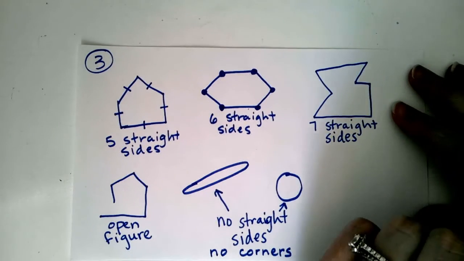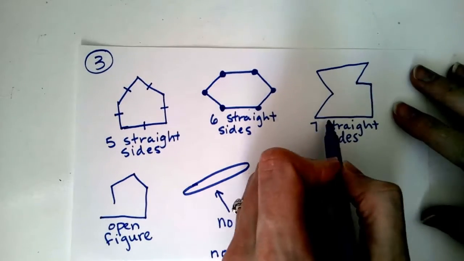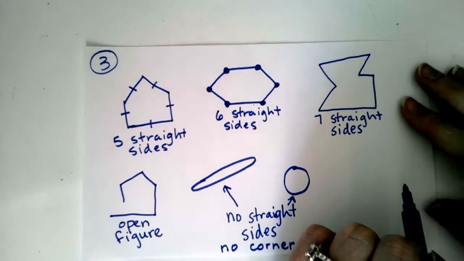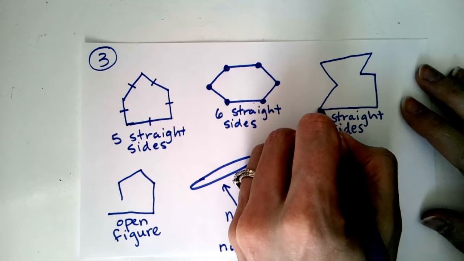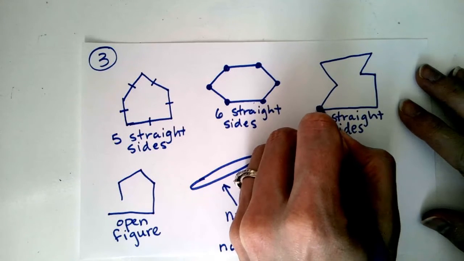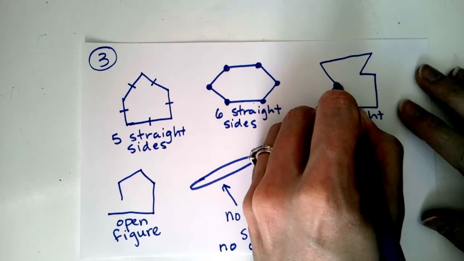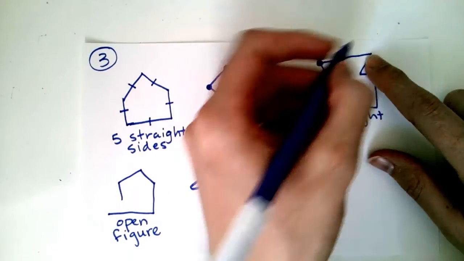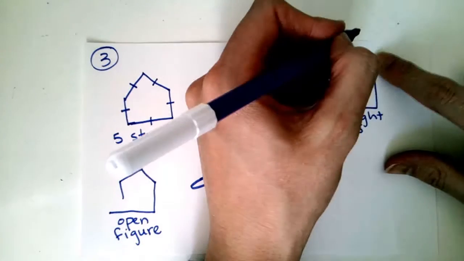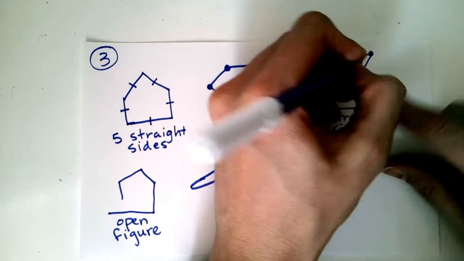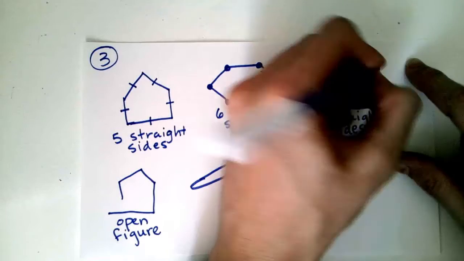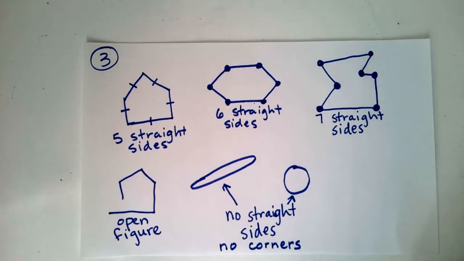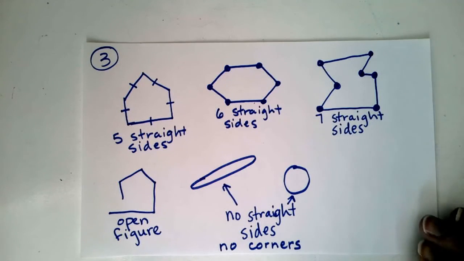It might depend on what you like, but I'm going to use the corners to count. Remember, if it has a certain amount of corners, it's going to have the same amount of sides, as long as they're straight sides. So here's 1. This counts as 1, 2, 3. This side ends there. 4. Stop. 5. Stop. 6. Down. And 7. Look at that. It does have 7 straight sides.